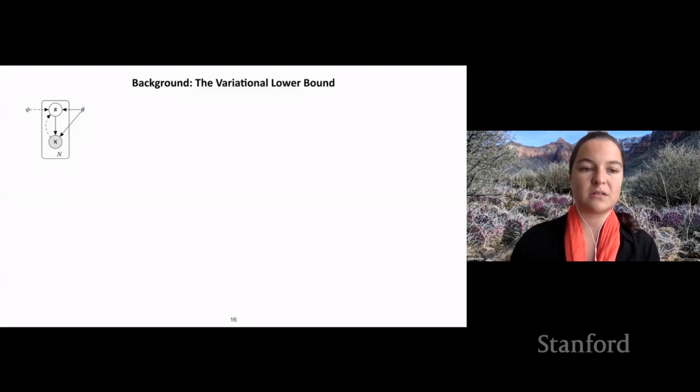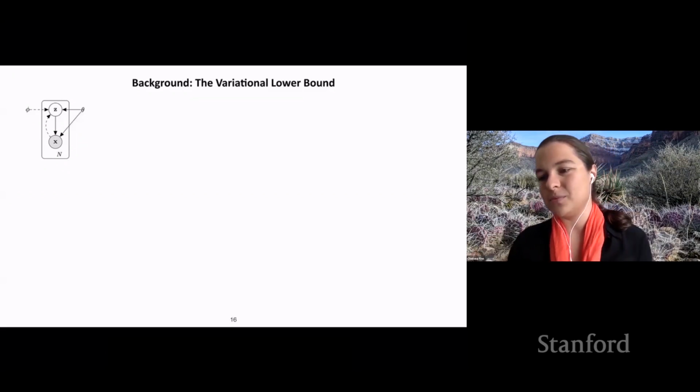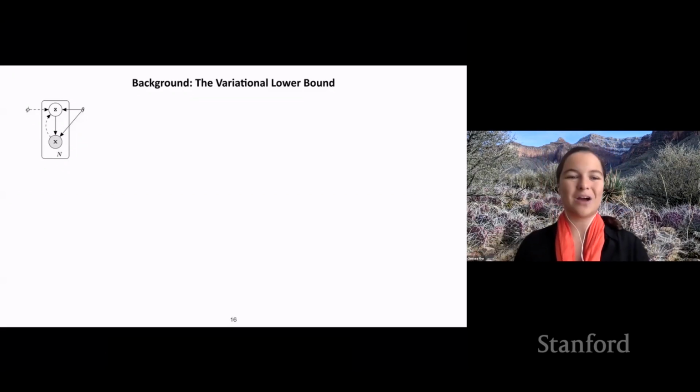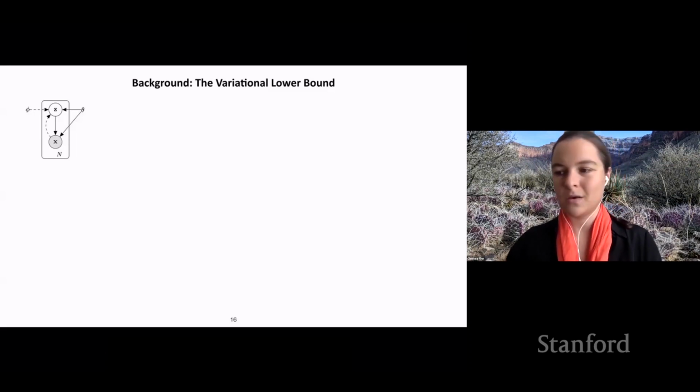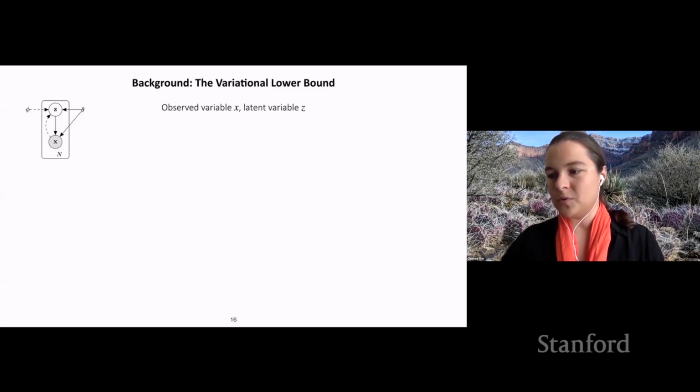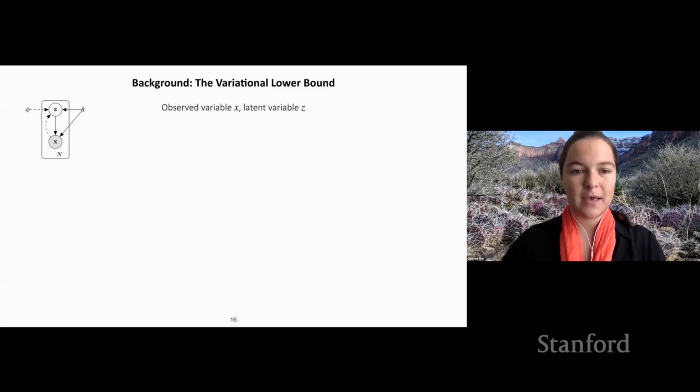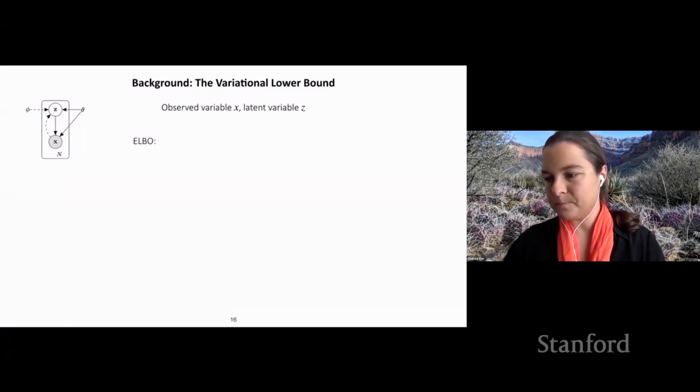And we want to represent an expressive distribution because maybe X is images or X is language, and we want to be able to capture something that's more complex than a Gaussian distribution over images, for example. So X is the observed variable, and Z is the latent variable.